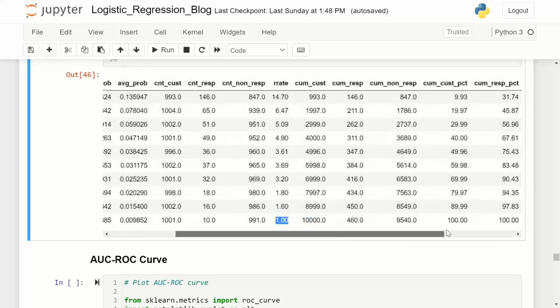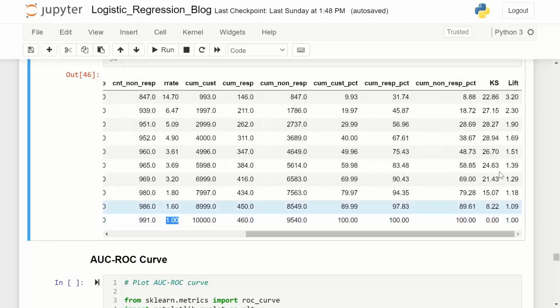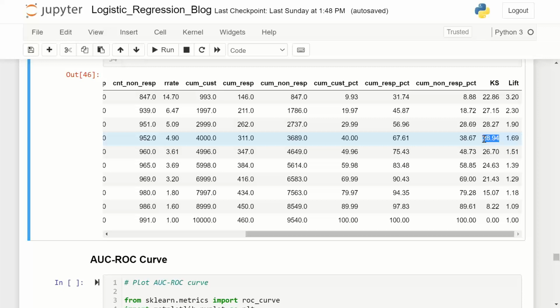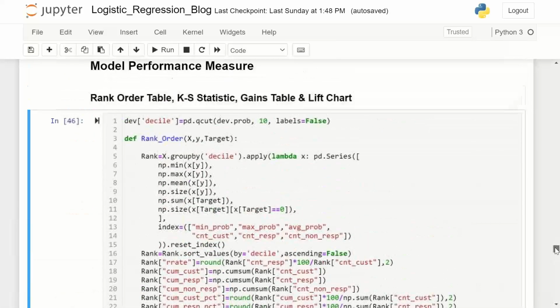How good is the model? Based on KS statistics, it is just 28.94. Average model. Can I improve the model? Probably yes. How can I improve the model? There are certain independent variables, score, number of credit transactions, which we have not yet accounted for.